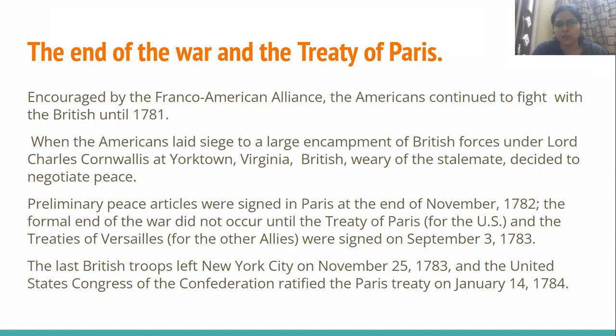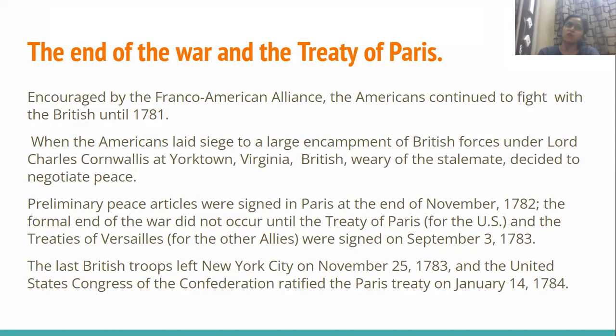Because of all this support, slowly and gradually the fate of the battle completely changed, and the Americans, with the help of all these entities, started defeating the British forces, and ultimately they were successful in laying a siege. The British troops were headed by Lord Charles Cornwallis.